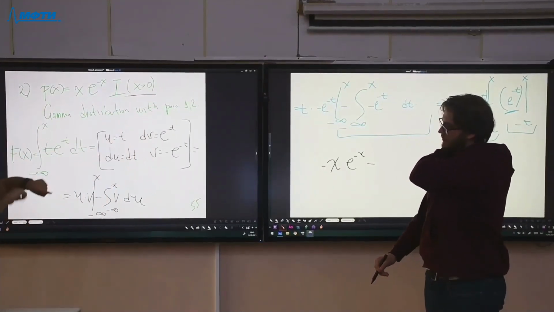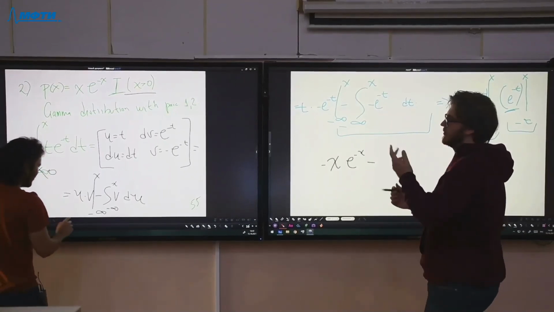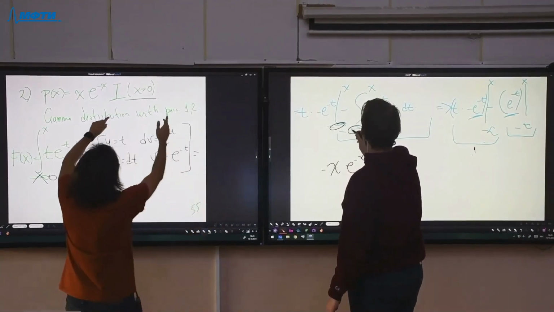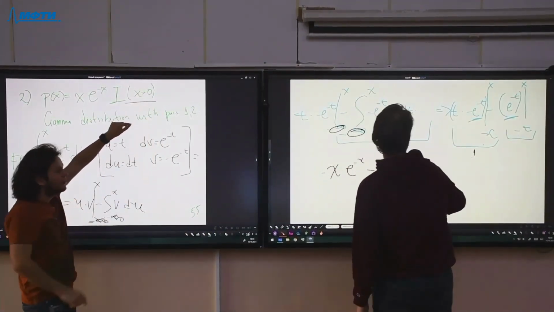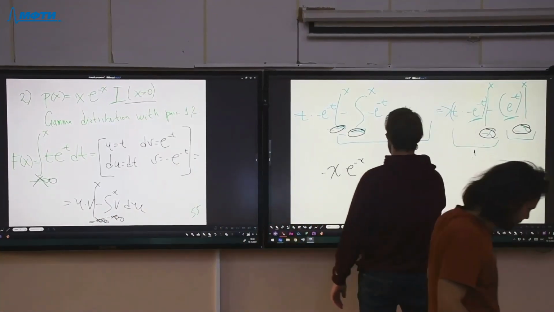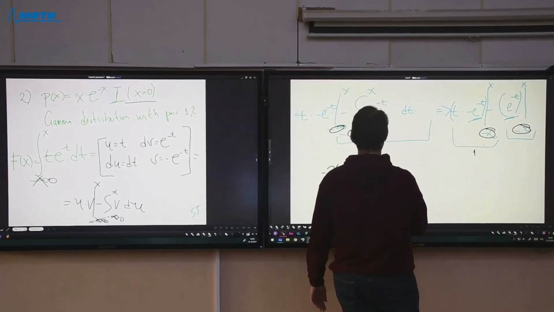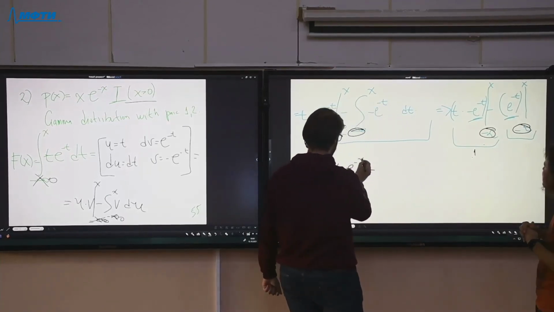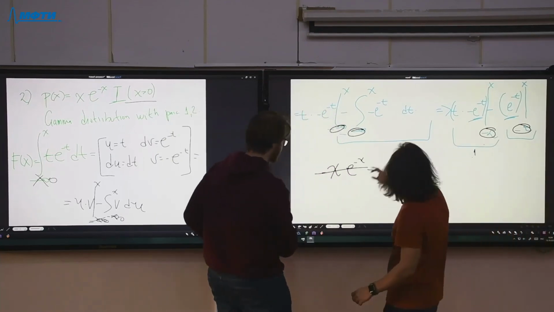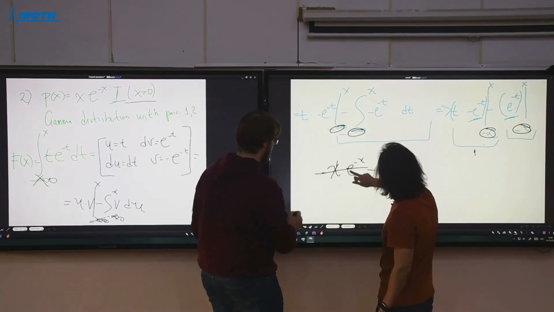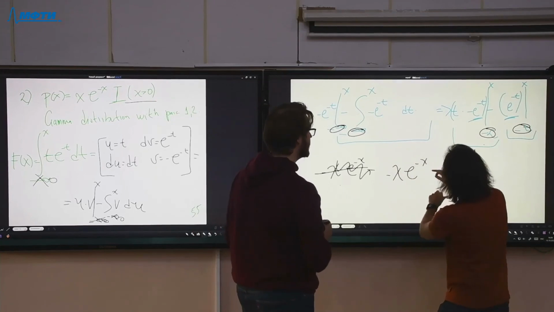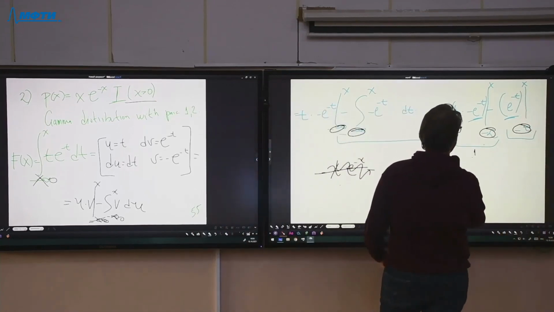When x is greater than 0, this is from 0, because we are integrating for these values. Now everything is okay. Minus 0, this is e to the power of 0, so this is going to be all zeros. But not this one. This one is when we have x. So minus x e to the minus x minus 0, then minus e to the power of minus x.